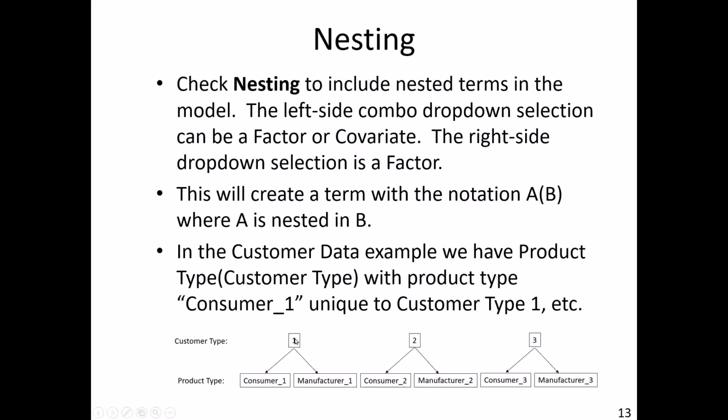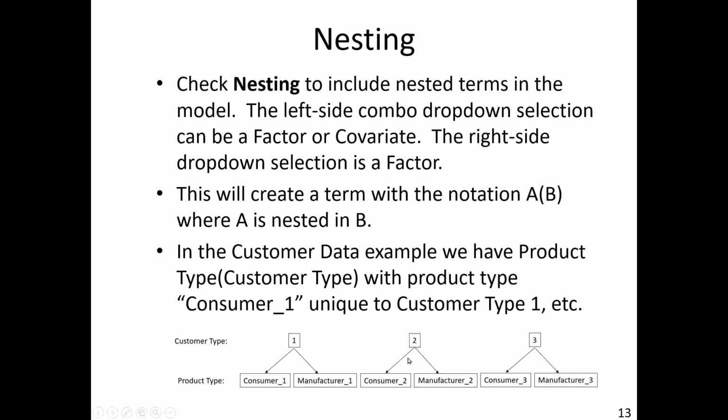So in the example that we'll actually be using, we're going to use the customer data, and we have product type nested within customer type. So product type is consumer, manufacturer, but it's consumer underscore one, the consumer nested within customer type one. And then manufacturer underscore one is the manufacturer nested within customer type one.